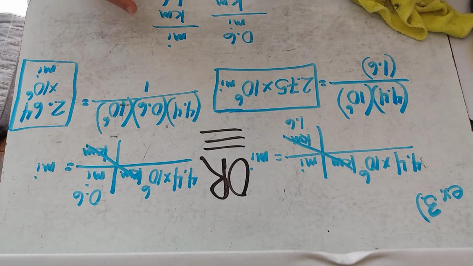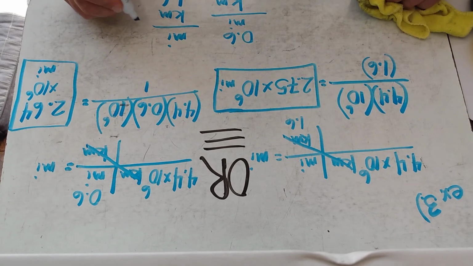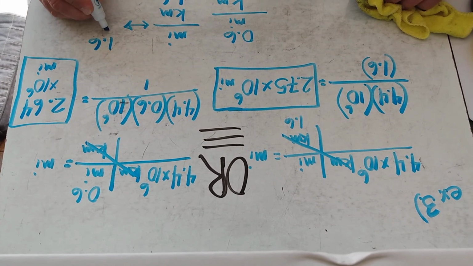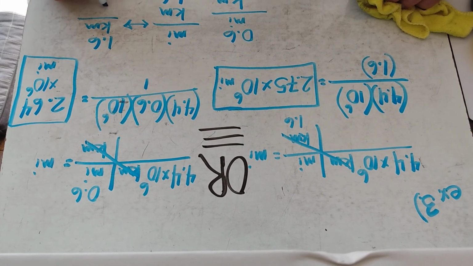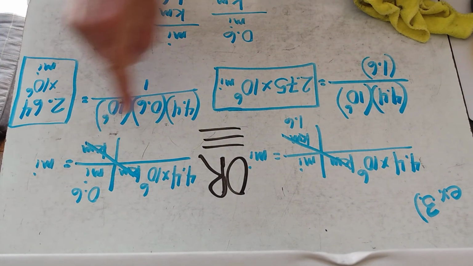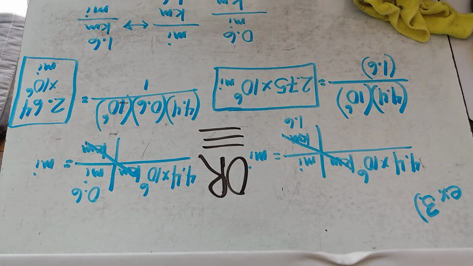And remember, these can flip. So I think in your notes, you guys actually have this one written this way. 1.6 kilometers is equal to a mile. Doesn't matter. We can flip the tools and use them however we need to up in the problems up above.